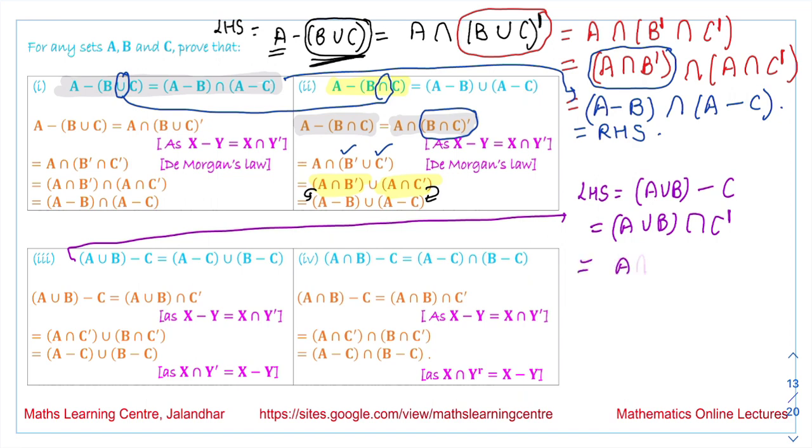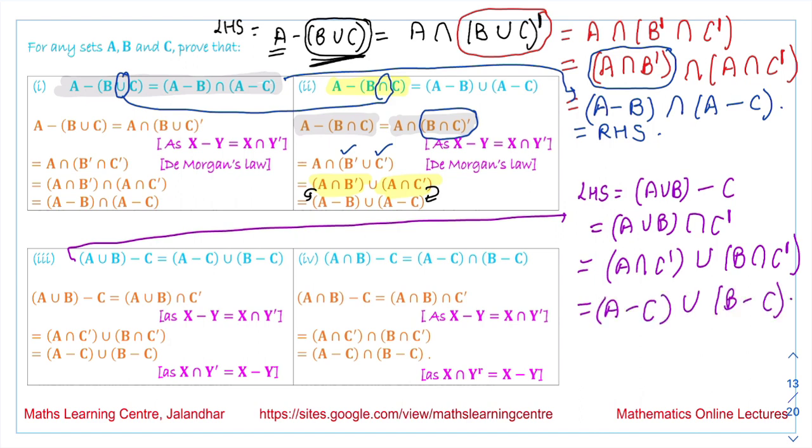This is equal to A intersection C complement union B intersection C complement. This is equal to A minus C union B minus C. Similarly, for this last part, we have to prove that A intersection B minus C is equal to A minus C intersection B minus C.